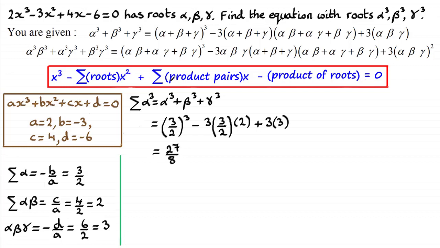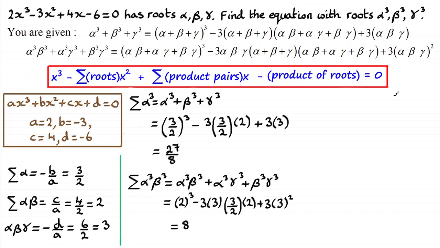Next, we've got the sum of the product pairs of roots. That's going to be this result here: alpha cubed beta cubed plus alpha cubed gamma cubed plus beta cubed gamma cubed. So using this identity, we've got this result here, and with these values that comes to 8.